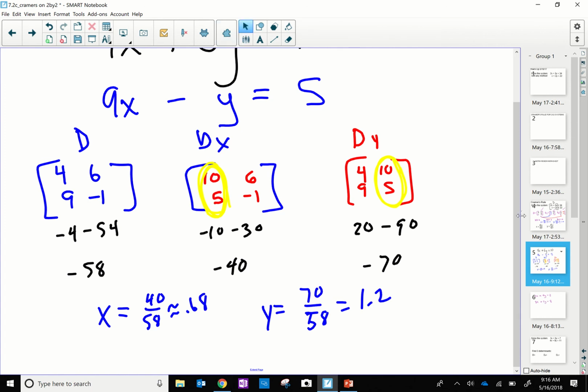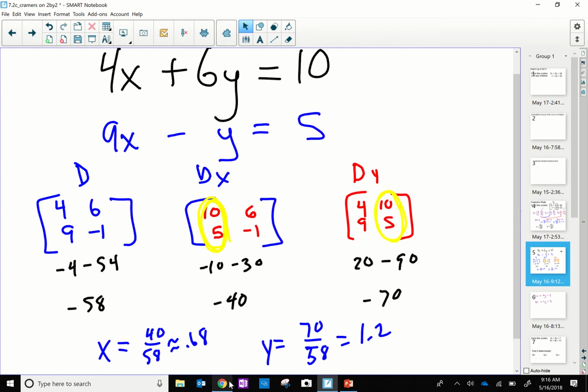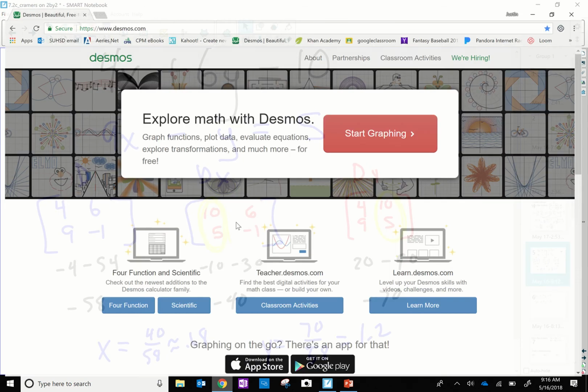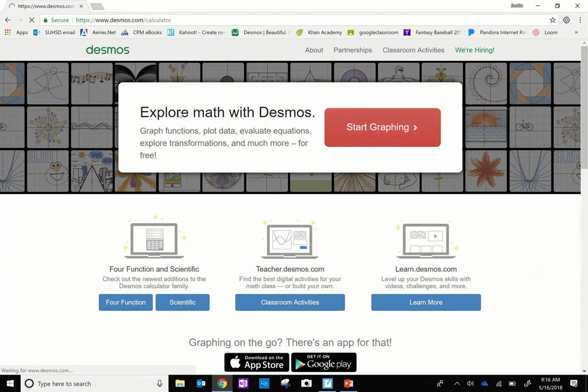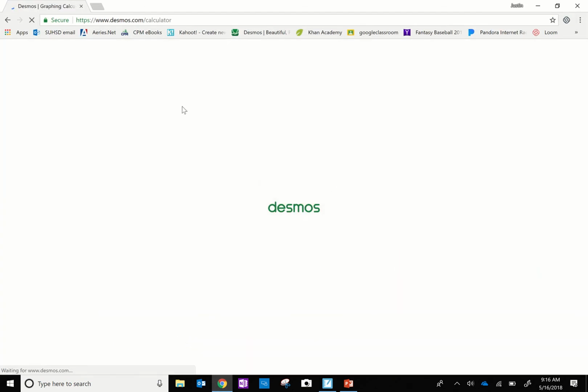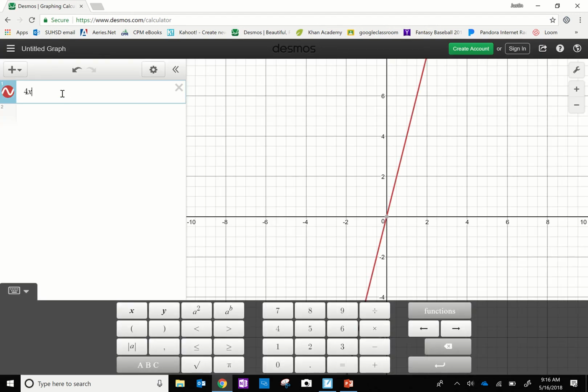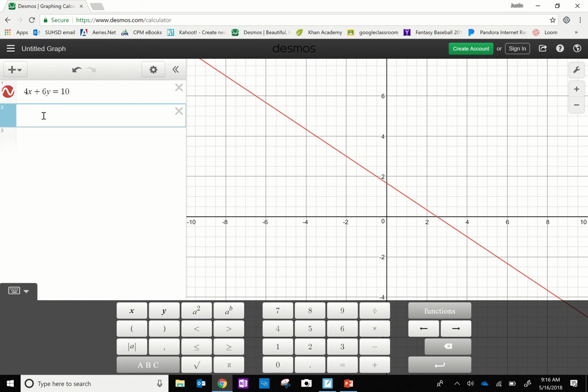So let's see. Go to Desmos. 4x plus 6y equals 10. So I recommend doing this on the homework: rather than trying to plug in your answers to see if you're right, just pull up Desmos on your phone or whatever and graph it and see if the intersection's right.